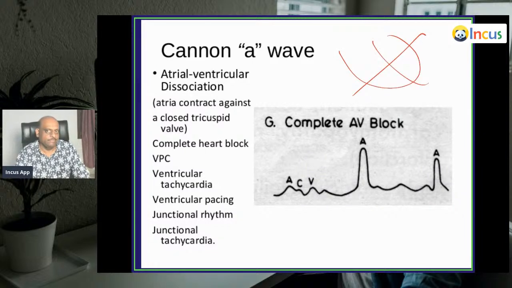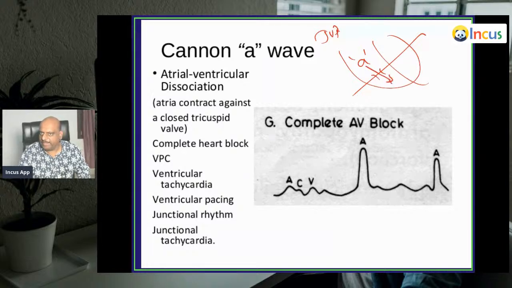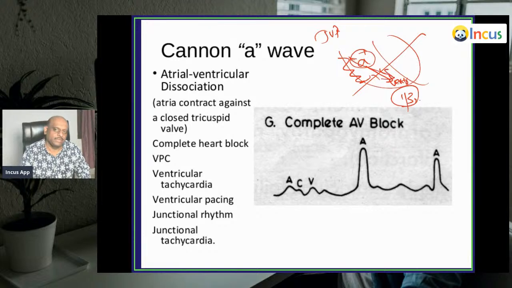So typically the A wave in the JVP occurs when the atrium is filling into the ventricle. In the last 1/3, the atrium contracts to push the blood.